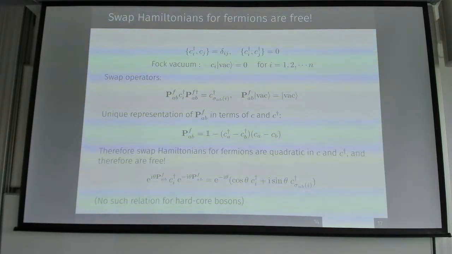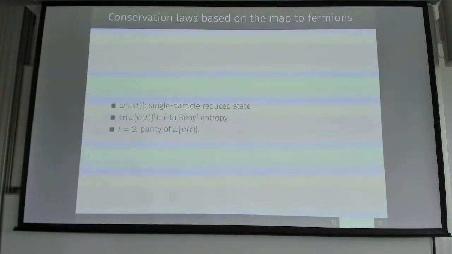Because they are free, we can construct many conserved quantities, and one particular one is to look at a single particle reduced state and then calculate its linear entropy. On the next slide, I will focus on the second linear entropy, which you can also call the purity of the state.